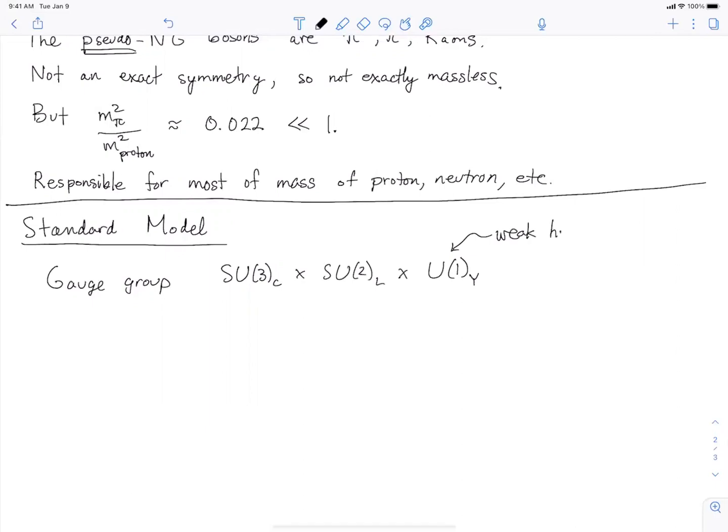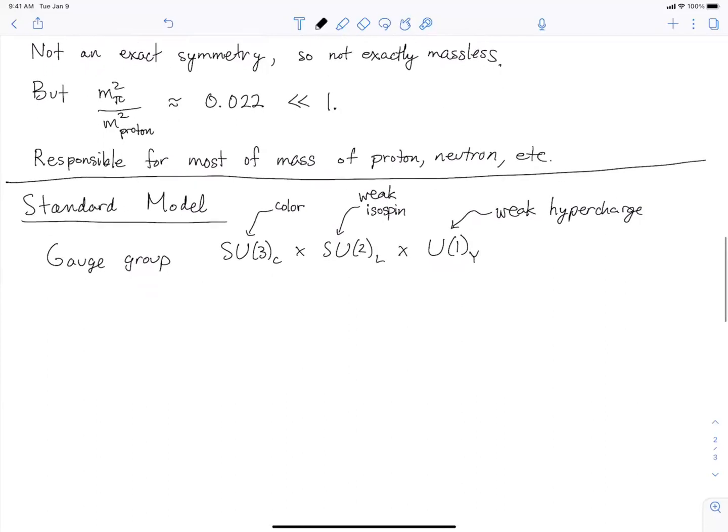There's something else called ordinary hypercharge, which is actually not talked about much anymore. The SU(2) left is called weak isospin, as opposed to ordinary isospin, which is a global symmetry. And SU(3), of course, is color.